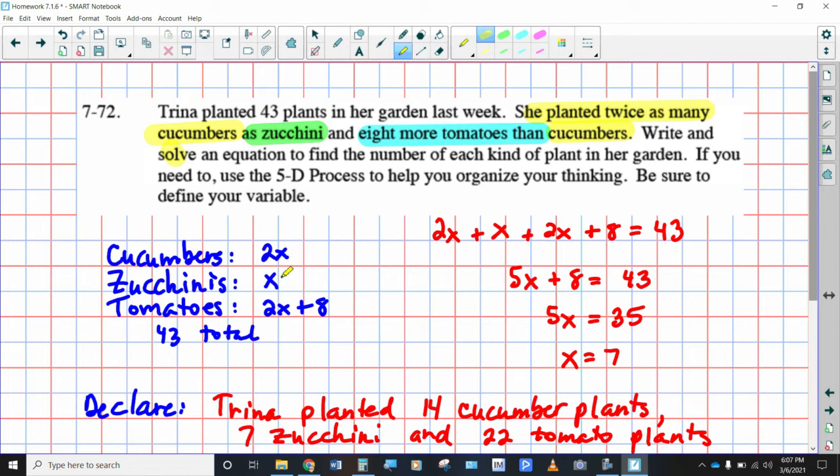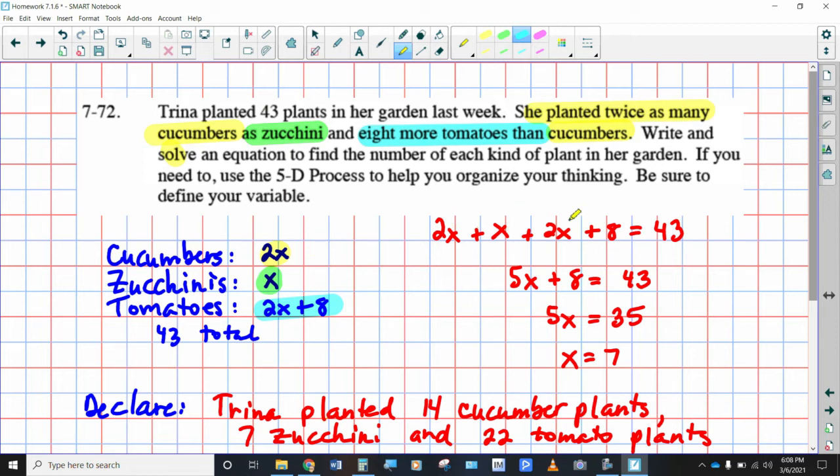I would rather not do that. So I'm going to go ahead and stick with zucchinis being my x, and twice as many cucumbers means there's 2x, and then 8 more tomatoes than cucumbers means 8 more than 2x. That seems a lot easier, so we don't have to worry about having any fractions for our coefficients.